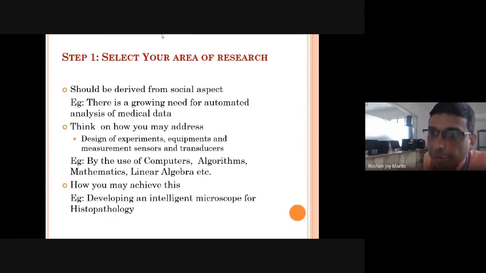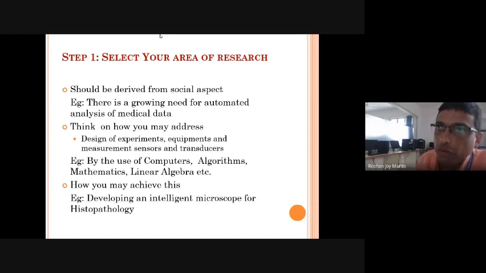Okay, another example of how to achieve this is developing an intelligent microscope for histopathology. This means in hospitals they take a biopsy whenever cancer or any abnormal mass is there in the body. They collect a small part of it, and that is called a biopsy.